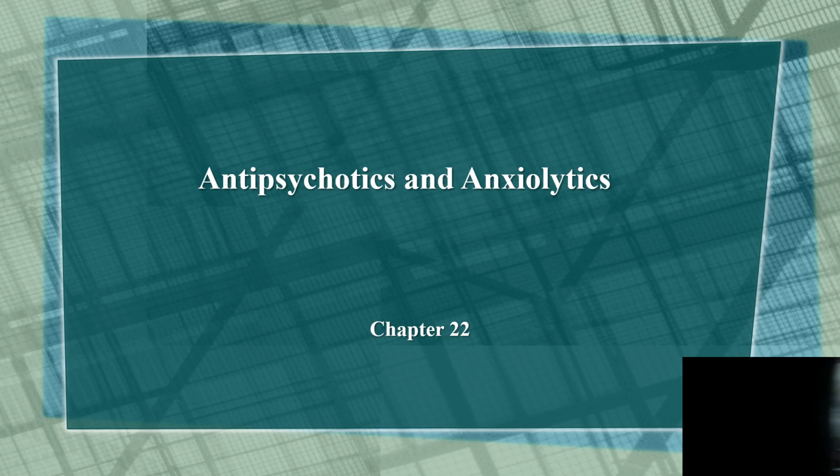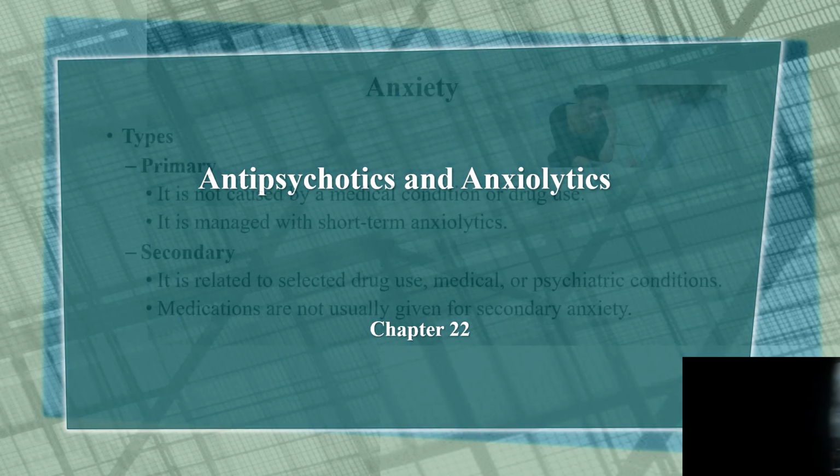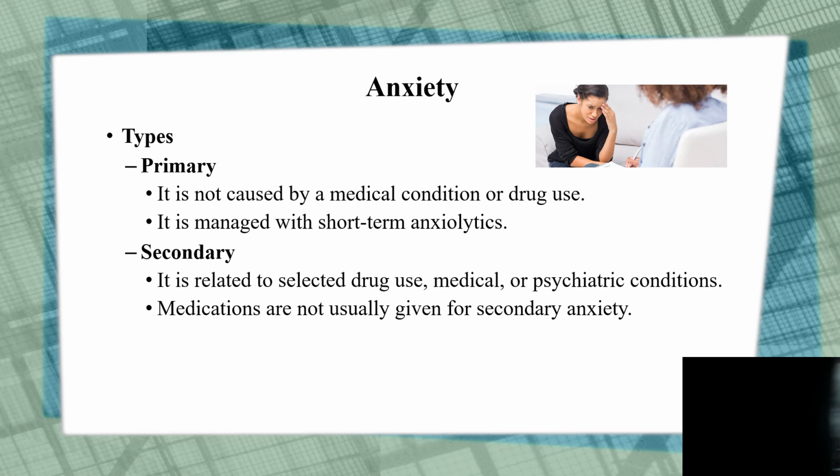Now we're going to look at antipsychotics and anxiolytics. Anxiety can be of two types: primary and secondary. In primary anxiety, it is not caused by a medical condition or drug use.